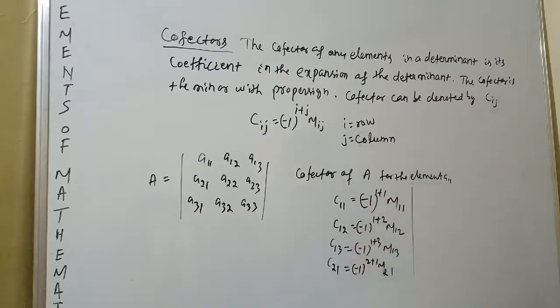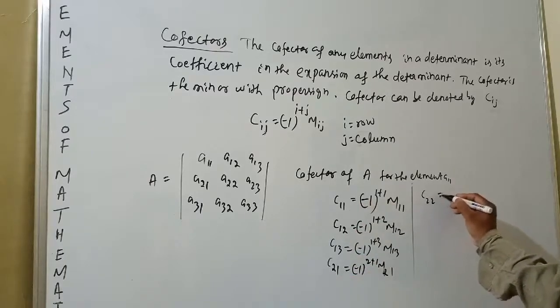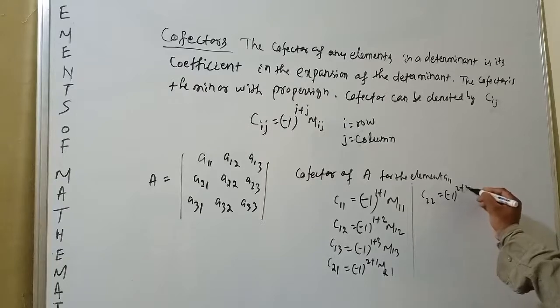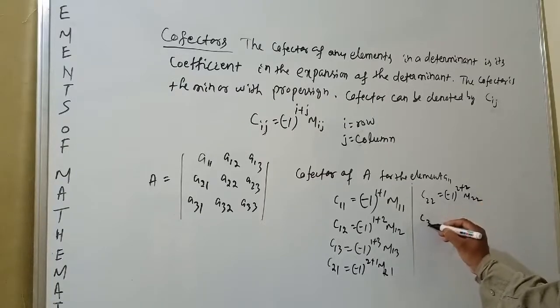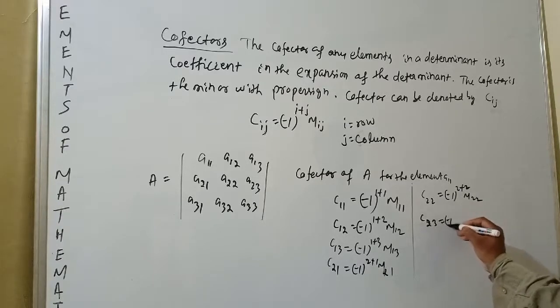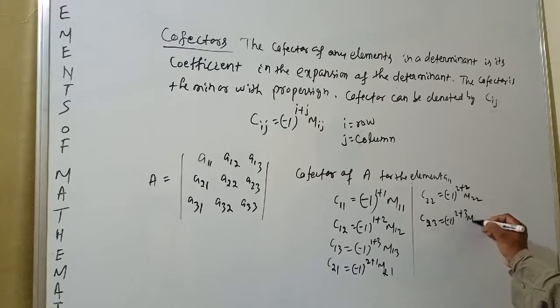Similarly we can continue: C21, C22, where C22 is equal to (-1) to the power 2 plus 2 times M22. C23 is (-1) to the power 2 plus 3 times M23.